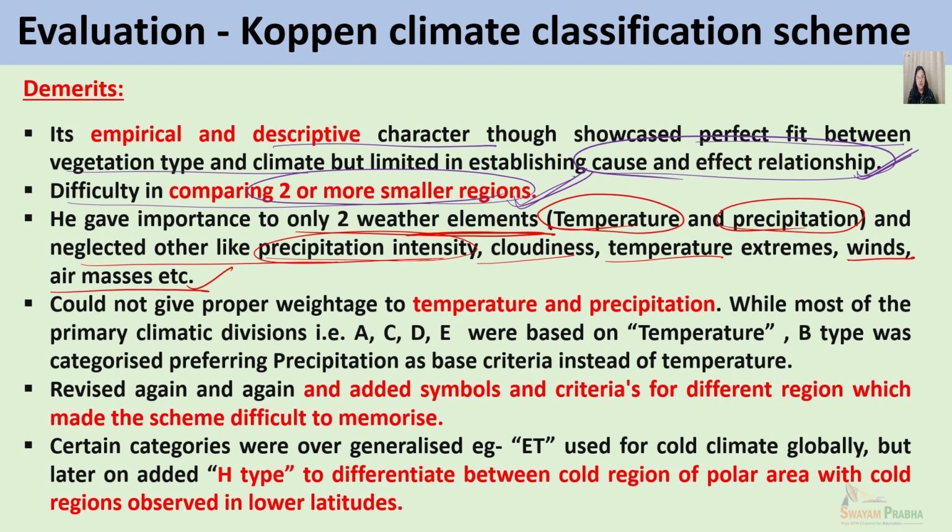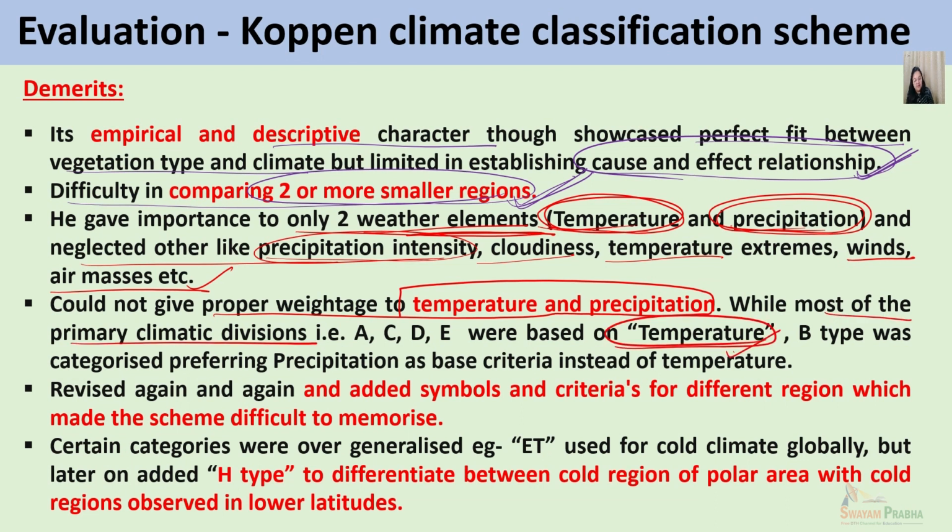And even when he considered temperature and precipitation as the two important climate defining elements in his classification, due importance and proper weight were not given to temperature and precipitation equally.